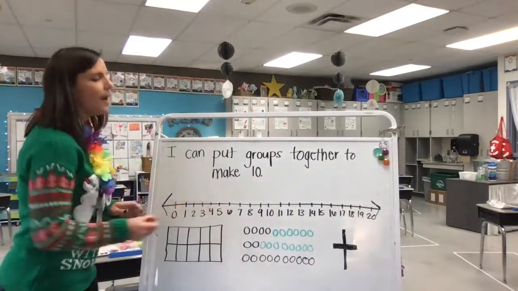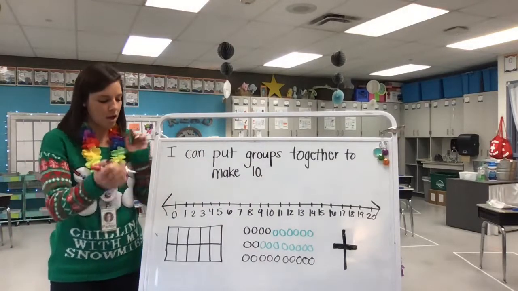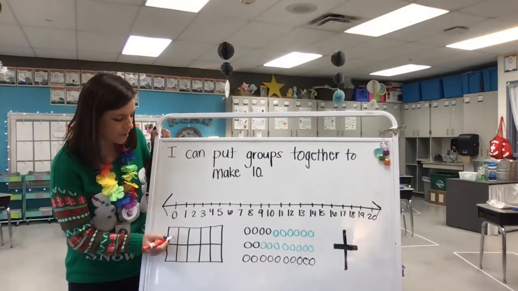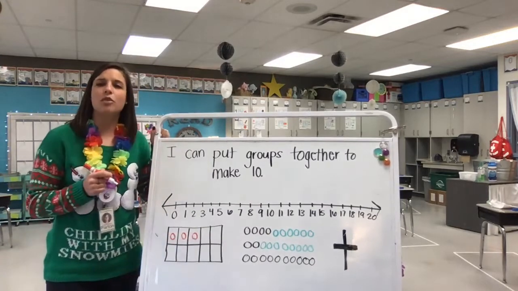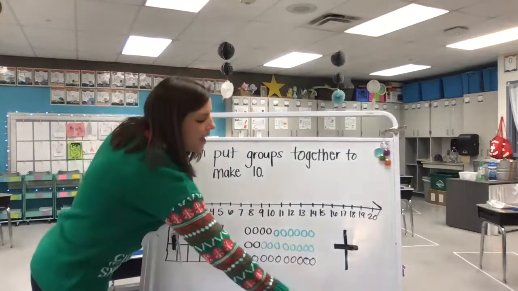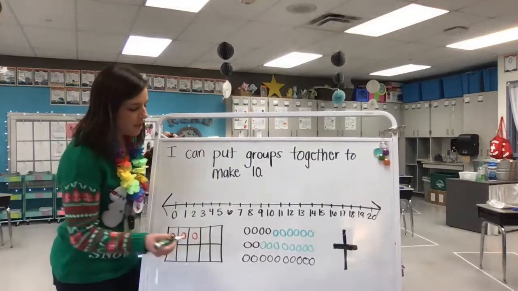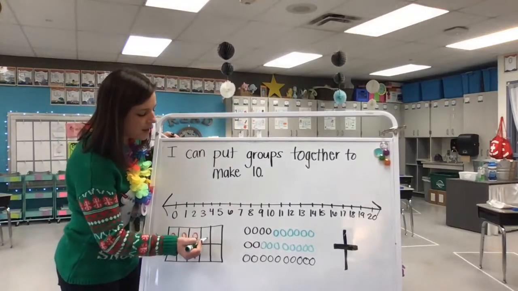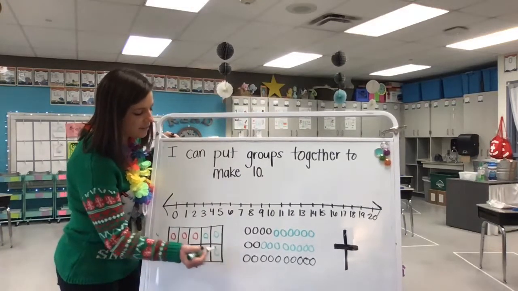So if I'm making the number 10, and I have a group of, let's say 3. So I have 1, 2, 3, let's say 3 gingerbread cookies, okay? And then I add some candy canes to my group of 3 to get to 10. I have 1, 2, 3, 4, 5, 6, 7.